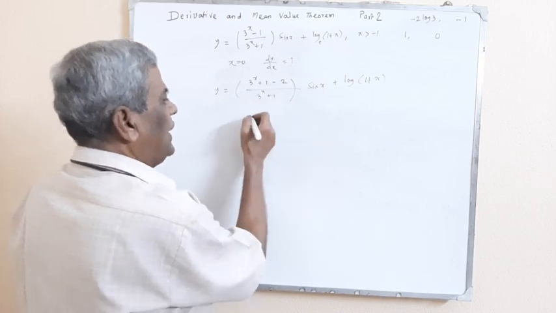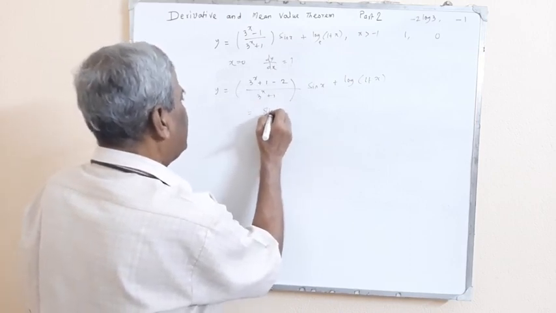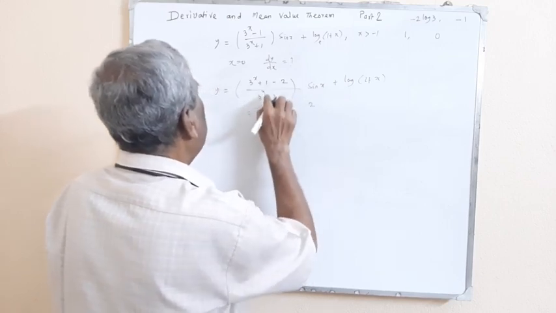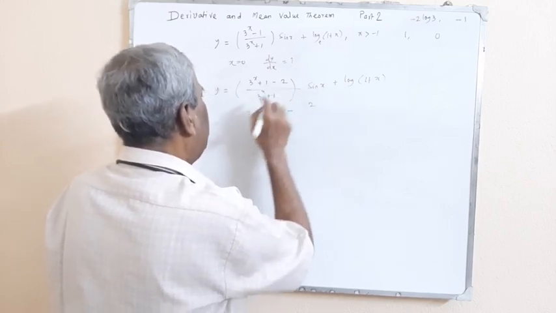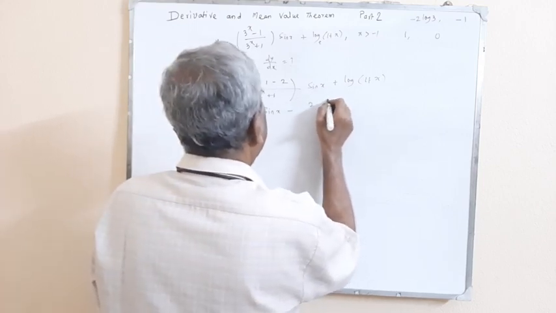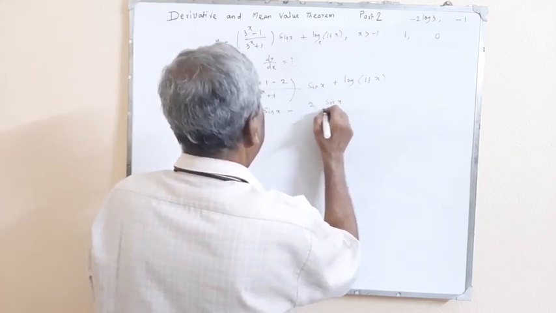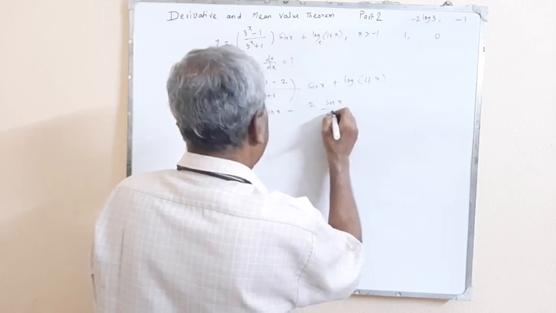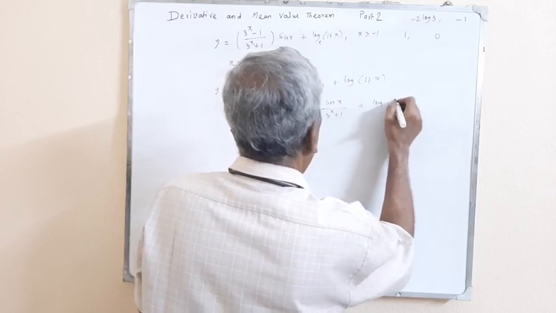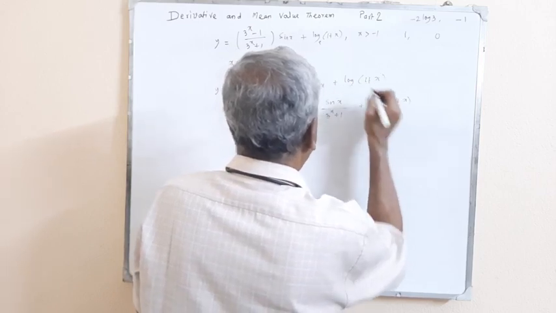This by that is 1, so it is equal to sine x minus 2 sine x by (3 to the power x plus 1) plus log of 1 plus x, and its base is e.